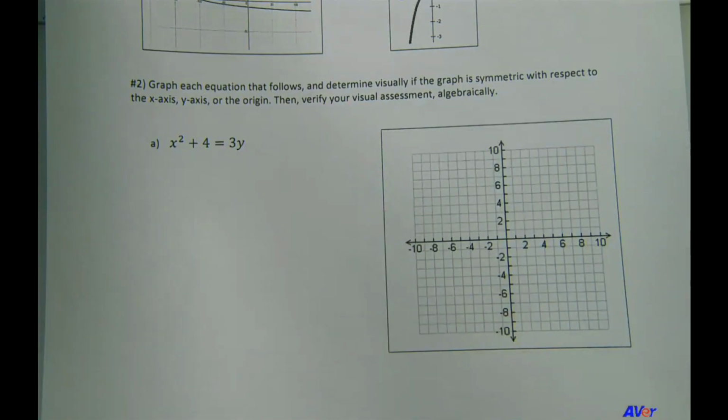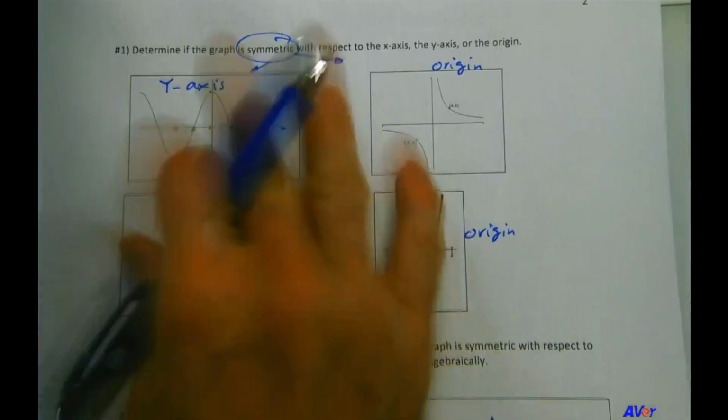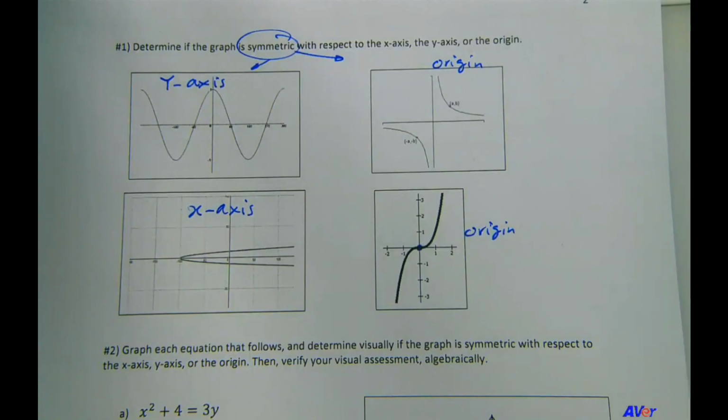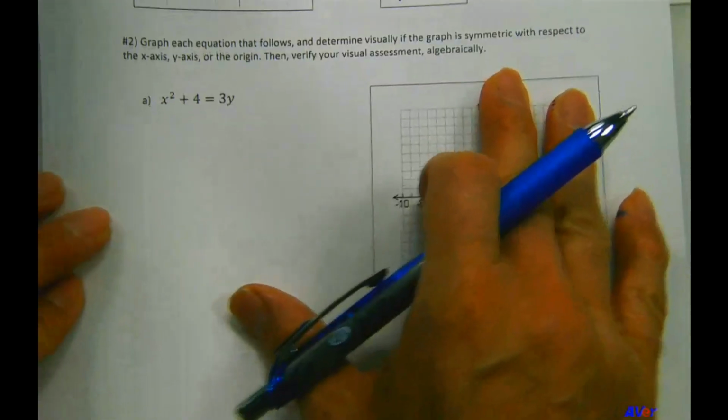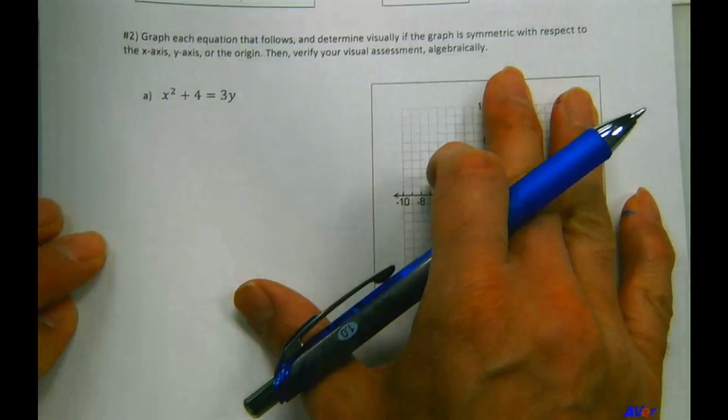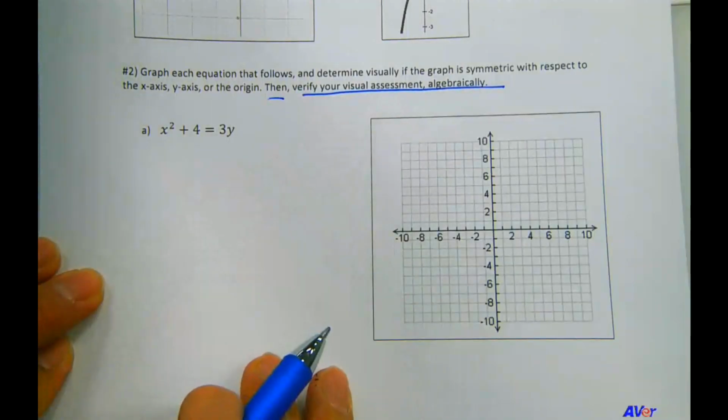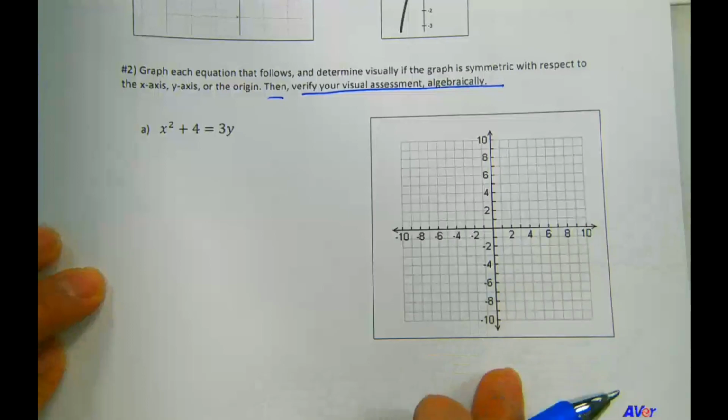So this is saying graph it and show that graphically. So it's like this exercise, but we have to draw the graph. It's not been provided to us. Oh, by the way, they say then verify your visual assessment algebraically. We'll do that too. So they're asking for both actually.